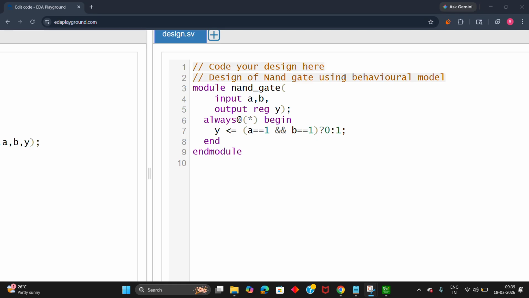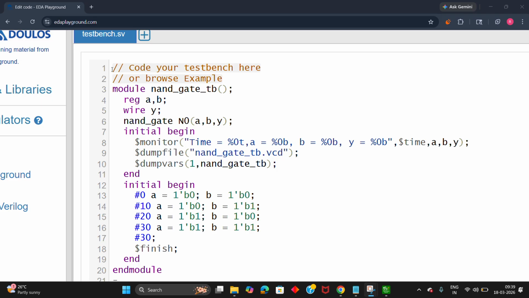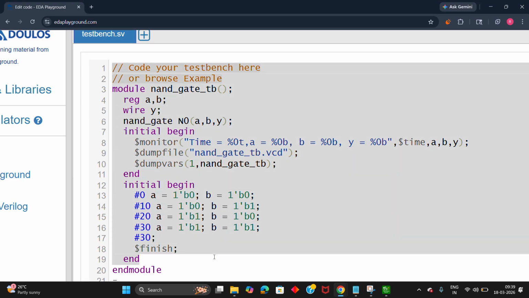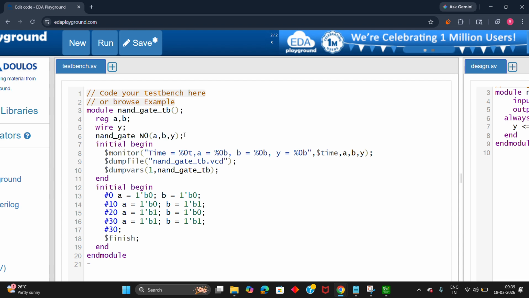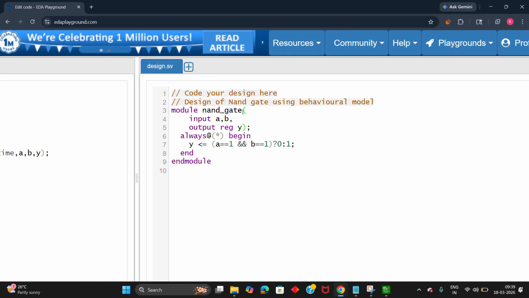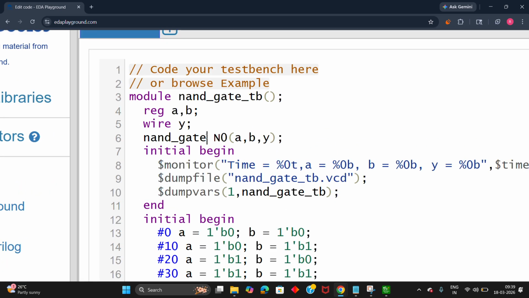Okay, in every lecture I'm going to tell you, our TB is always the same for any level of abstraction. Only when you change the module name do you need to change the instance name in the TB.